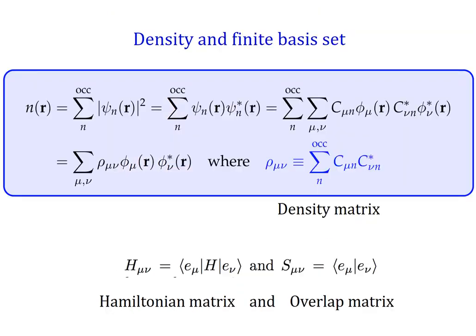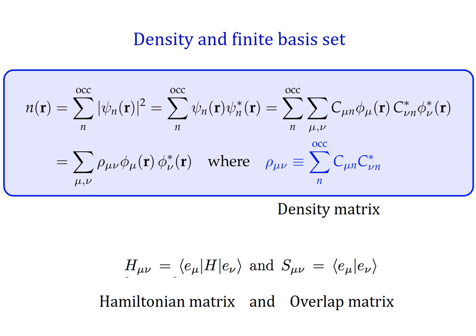Before we get into basis sets themselves, let us express the particle density, which is a key quantity in density functional theory, when we're actually working with a linear combination of orbitals, of basis functions, as we're doing now. You can see that the particle density is expressed as the sum of the squares of the occupied Kohn-Sham eigenstates.